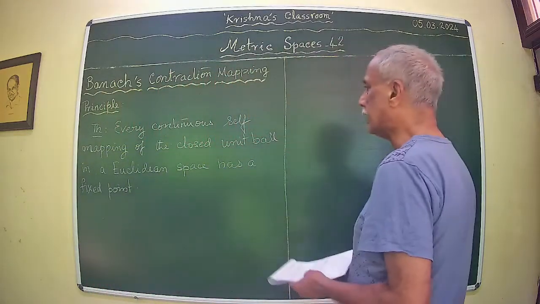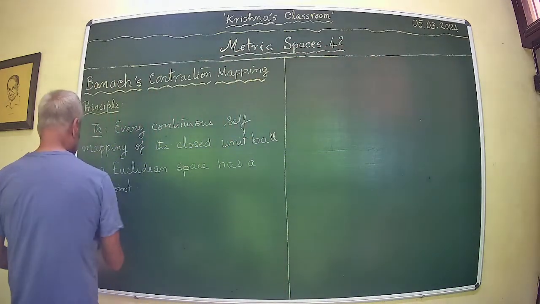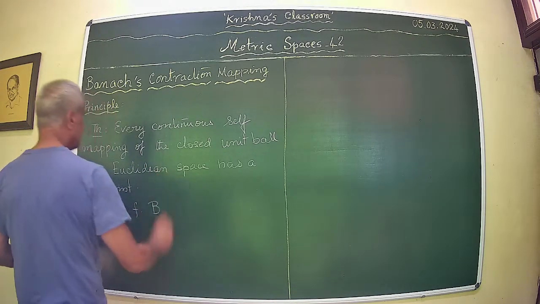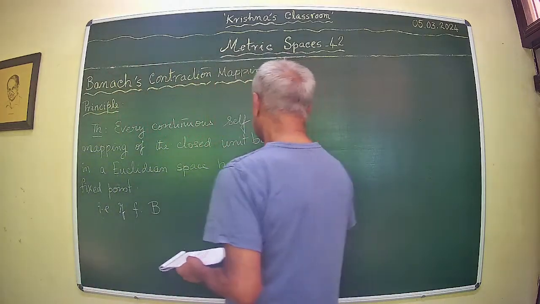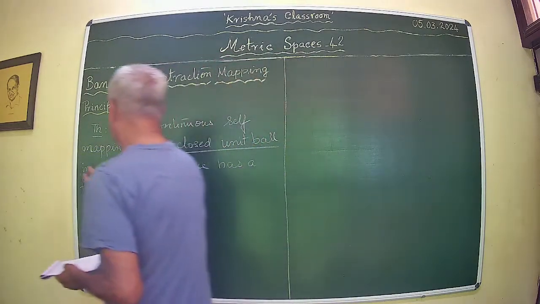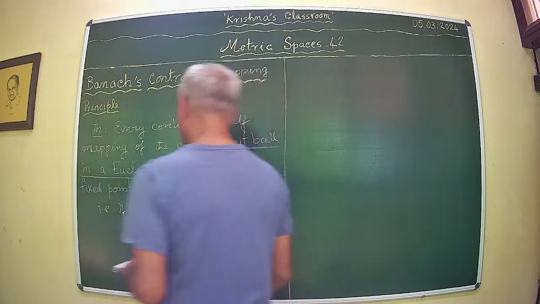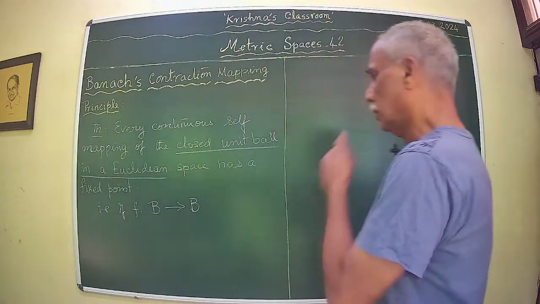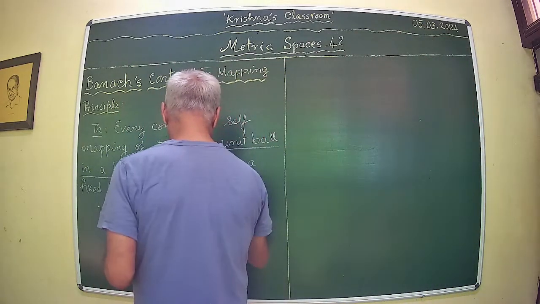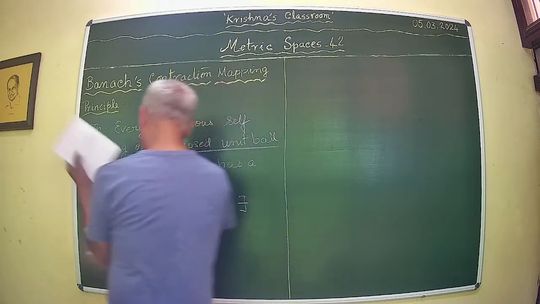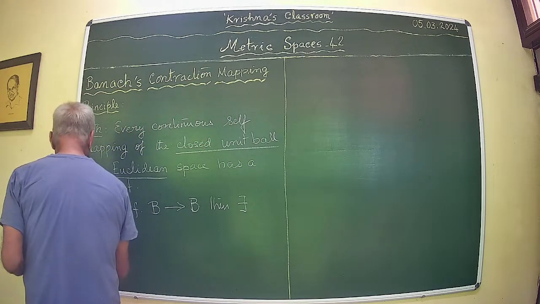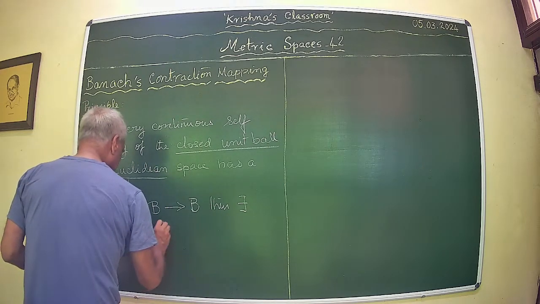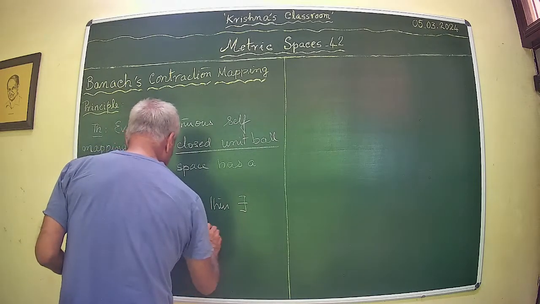This means if f is a map from B, where B is the closed unit ball in a Euclidean space, to B, it's a self-mapping, then there exists x belonging to B such that f of x equals x.